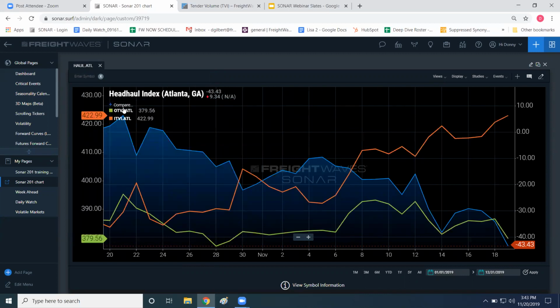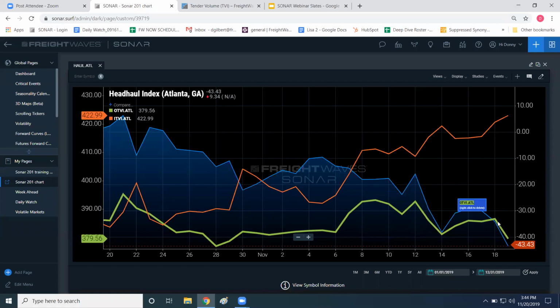Now, this is important because here the split is what becomes the negative 43, which is the 379 minus the 422. And this is important because it helps us understand the capacity issues that are happening in a market. Here in the Atlanta market, again, with being a negative number, it tells us there's a lot more outbound than inbound, so therefore that can really impact the rates.